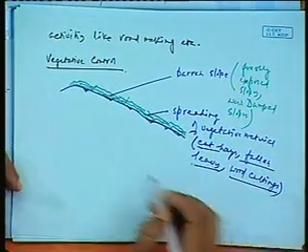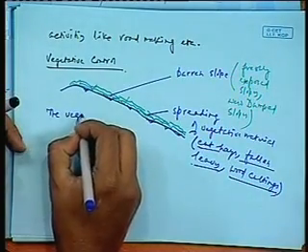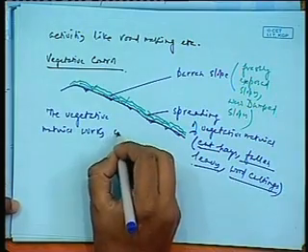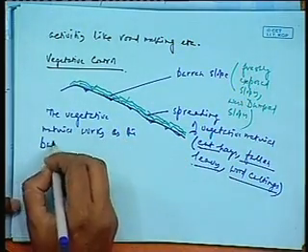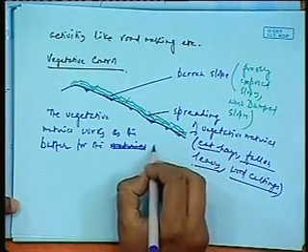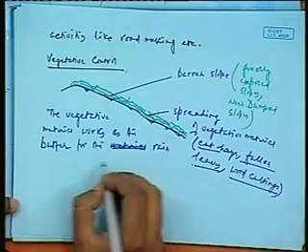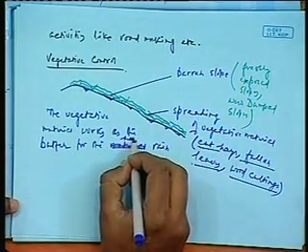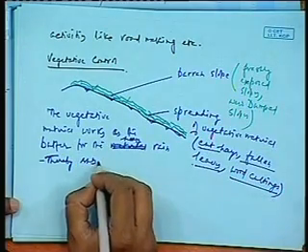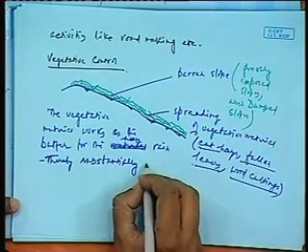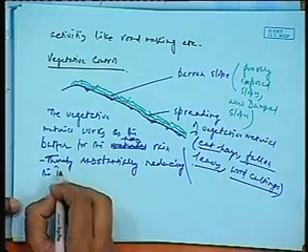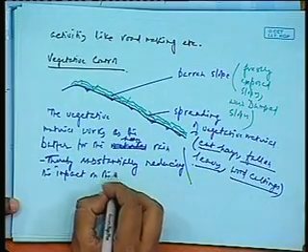This material works as a buffer for the heavy rain, thereby substantially reducing the impact on the slope.